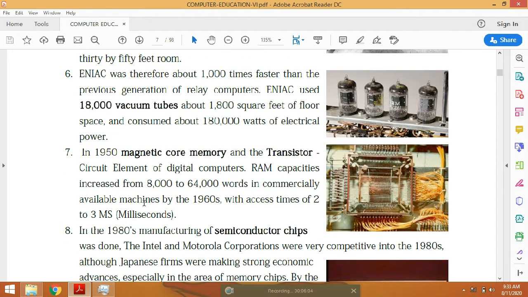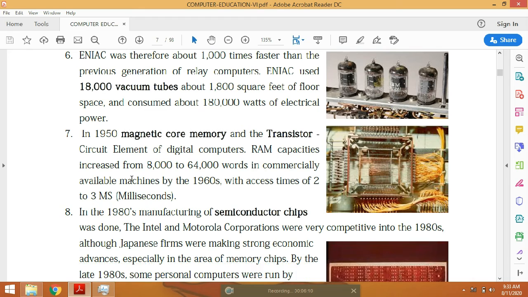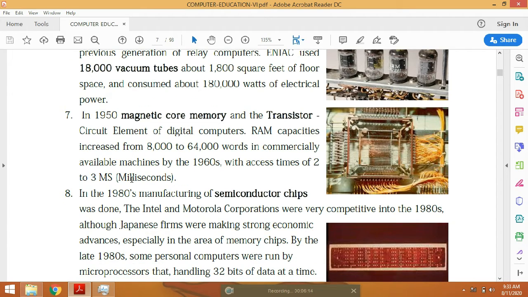Then they used magnetic cores and transistor circuits, ICs, integrated circuits, and after that they started using RAM, that is, read-only memory, sorry, random access memory. ROM is read-only memory. Random access memory increases the speed of computation in the computer.